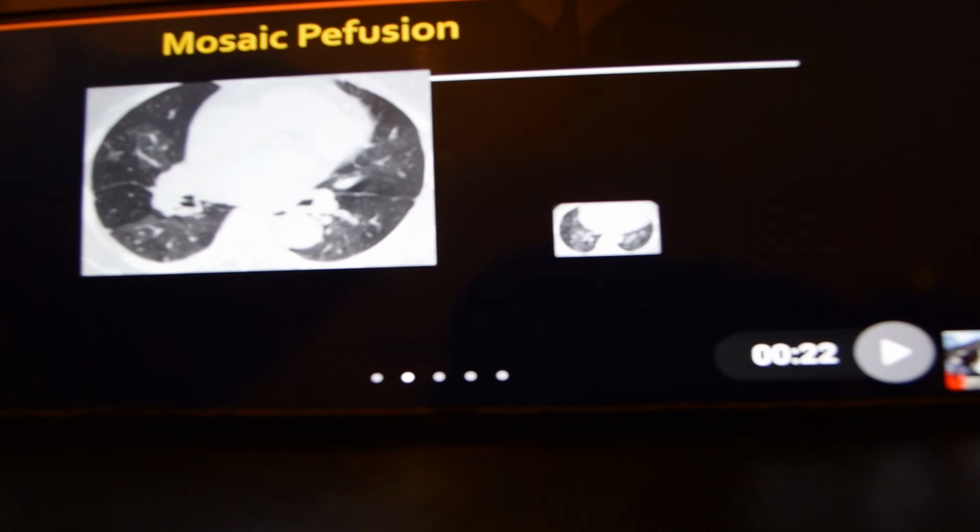So this pattern of variable regional attenuation of lung parenchyma due to regional difference in perfusion is known as mosaic perfusion or mosaic attenuation. So what clinical conditions lead to this? Diffuse infiltrative lung disease leads to such problems.